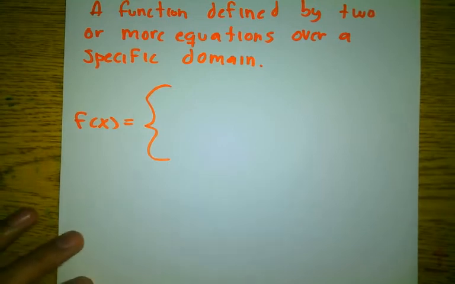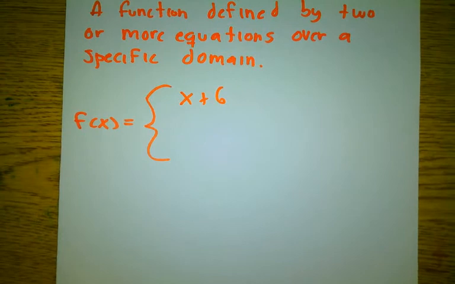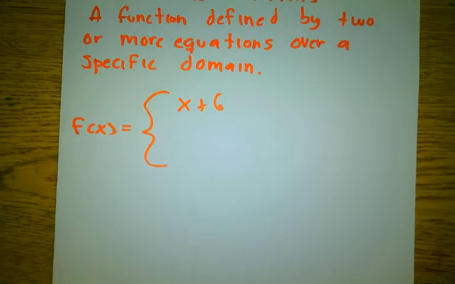The first thing I'm going to cover is that I have an equation that is linear. How do we know this is linear? What's the power? 1. It's linear. But if you look at the definition, it says it is a function that's going to be defined over a specific domain.